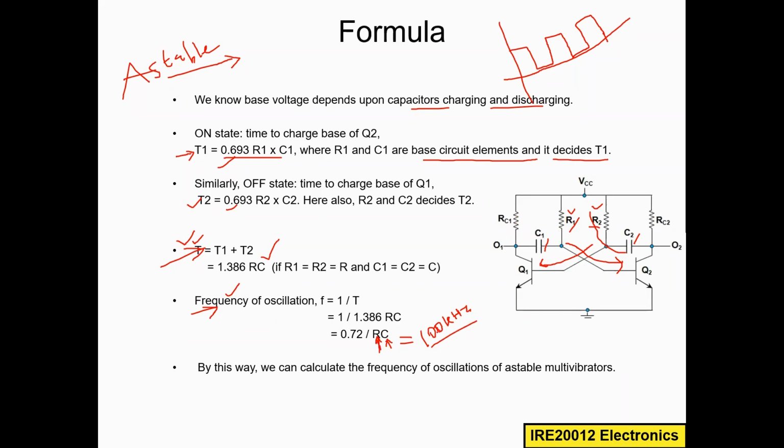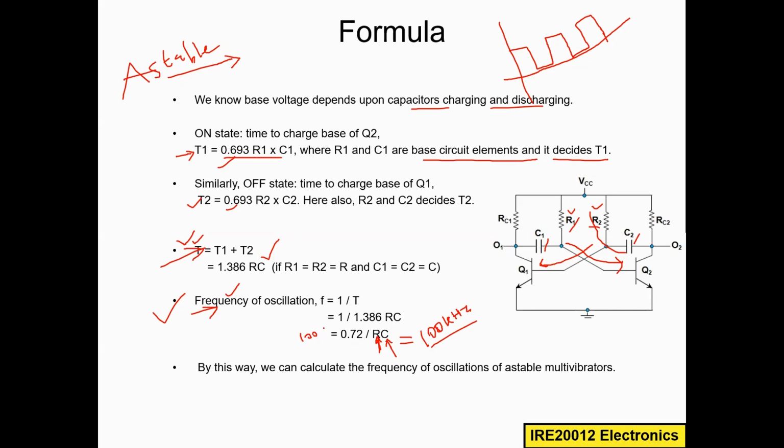For example, if I want 100 kilohertz, I can use it here, assume one value, and find the other using this formula. So the mathematical formula is very important in circuit design. This is the standard formula for this astable multivibrator.